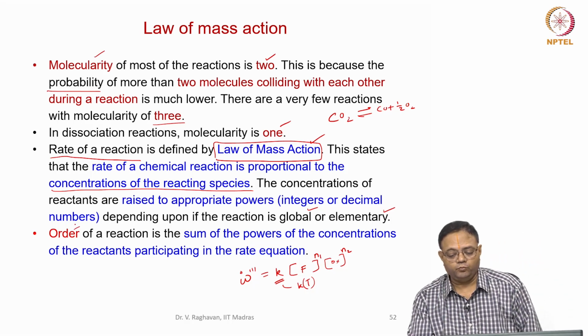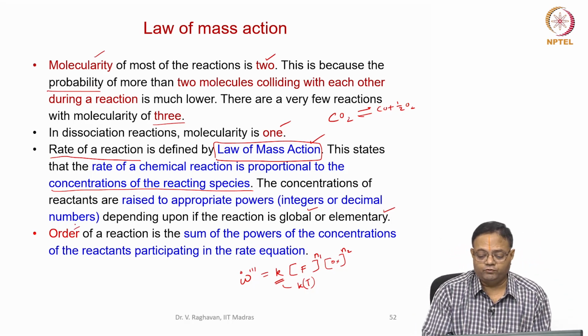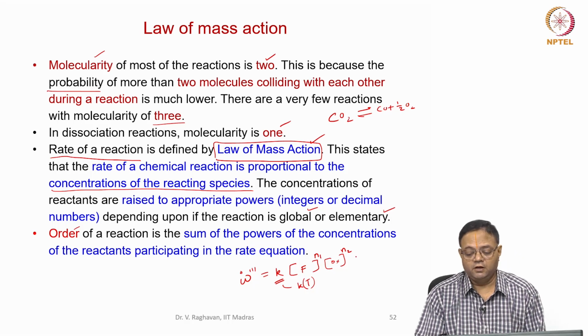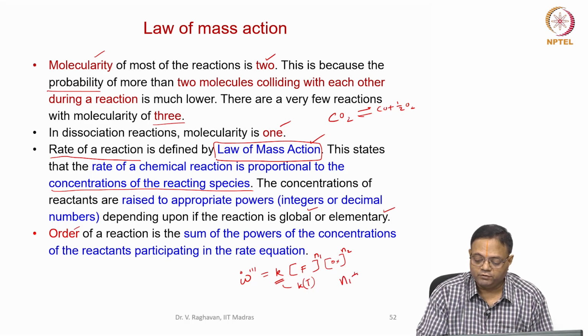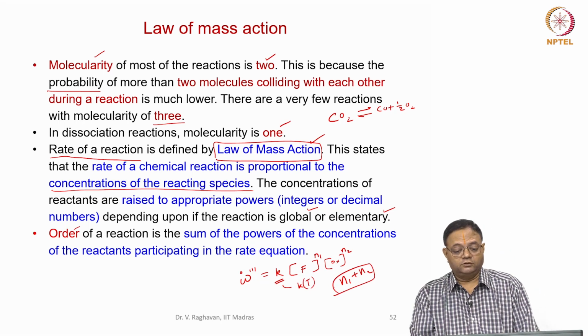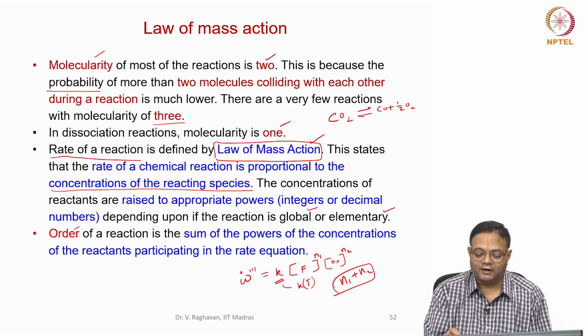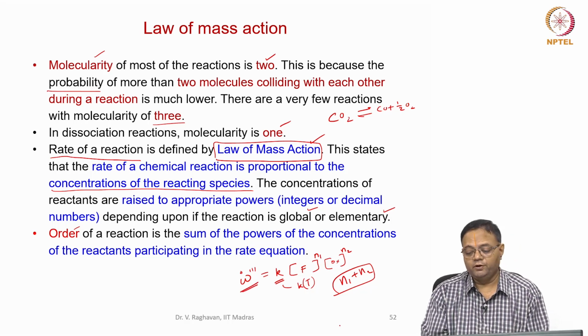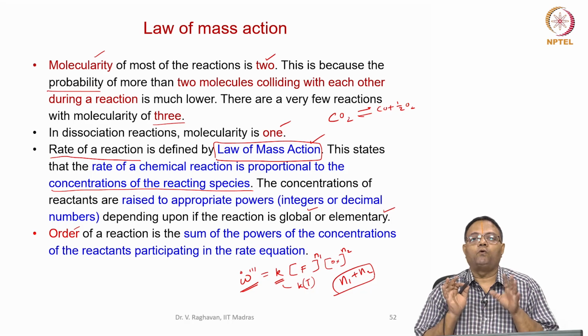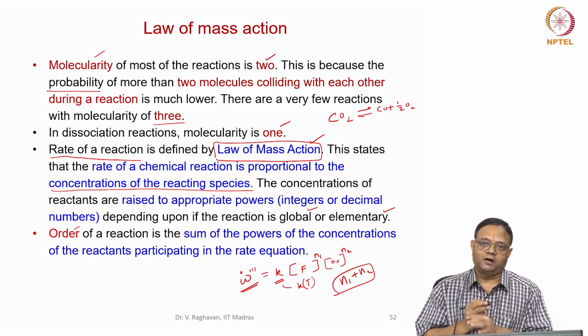Now, one more thing. We have seen molecularity; the other is the order of a reaction. What is the order of reaction? Once I define the reaction rate like this, the order of the reaction is N1 plus N2. That's all: the sum of the powers of the concentrations of the reactants participating in the rate equation. This is called the rate equation. So, N1 plus N2 is the overall order of the reaction.